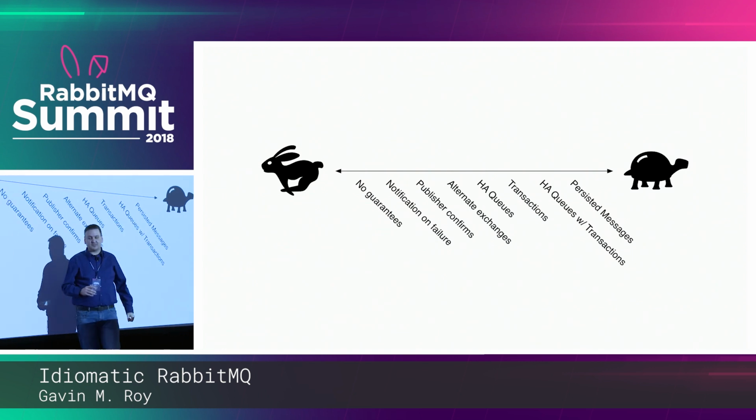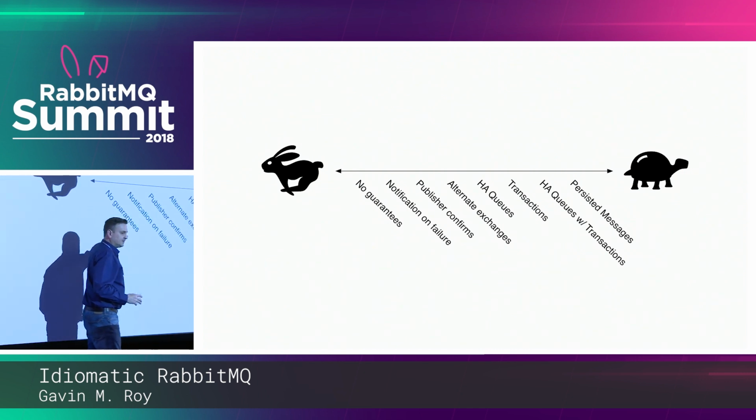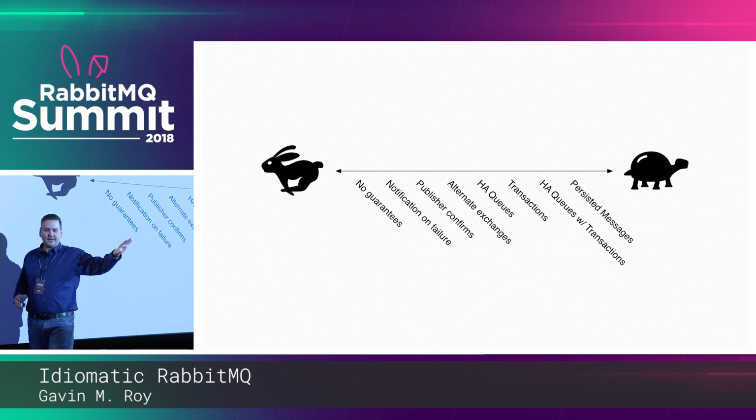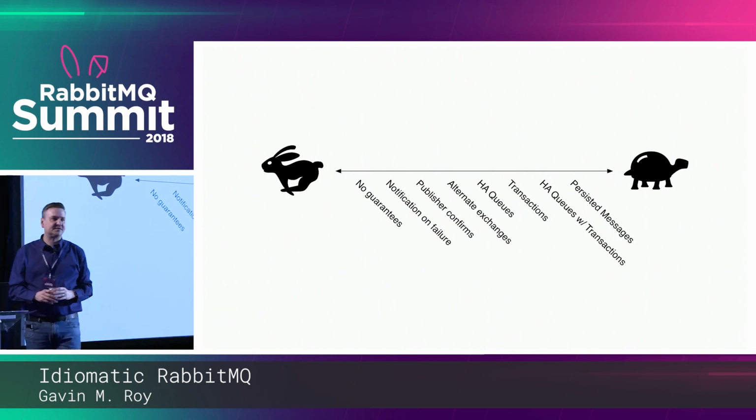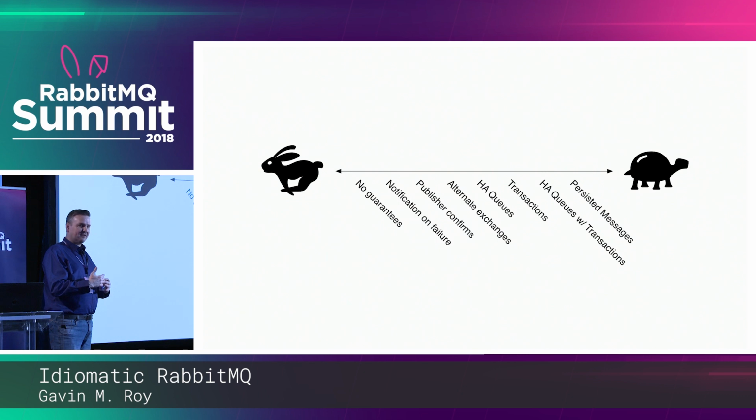And finally, persisted messages. Now, I could have persisted messages with no guarantees, but they're still slower, because it's writing to disk. If you think about what RabbitMQ is doing underneath the covers, it basically has a database, and in that same analogy every queue is a table. You're appending rows to those tables and removing rows from those tables when you're dequeuing.